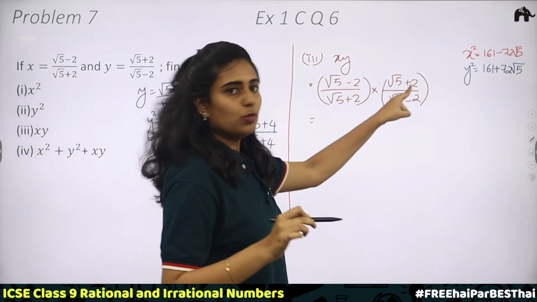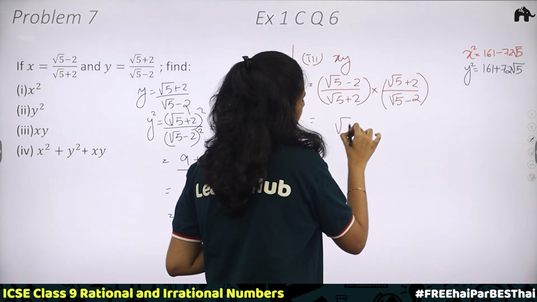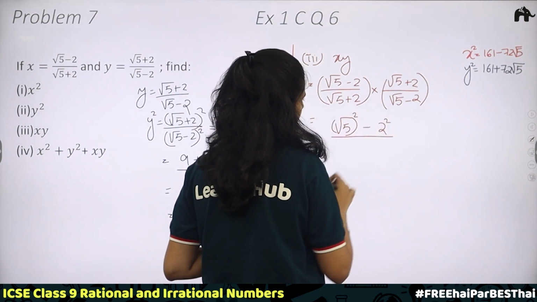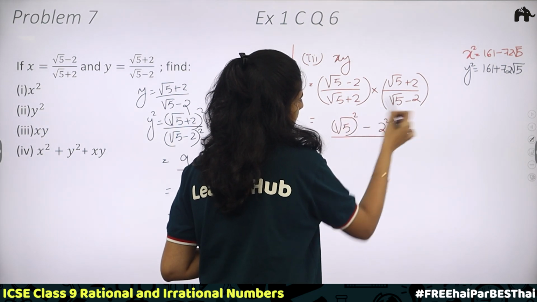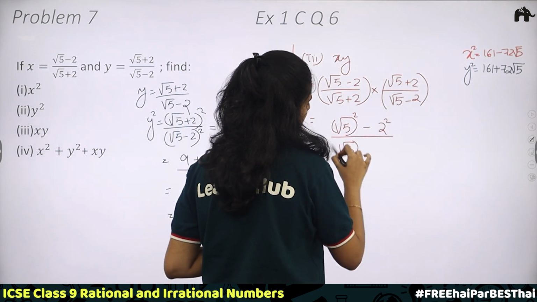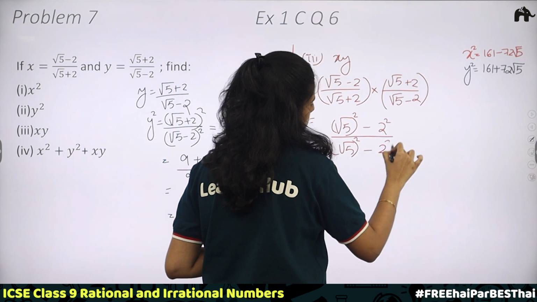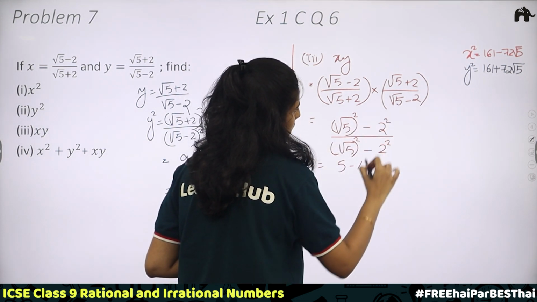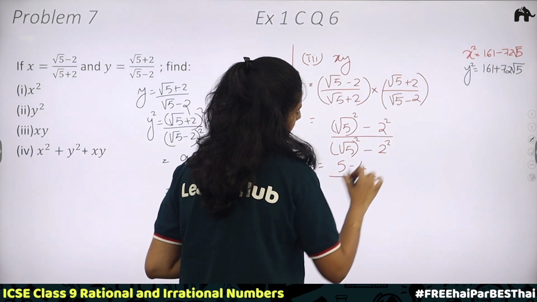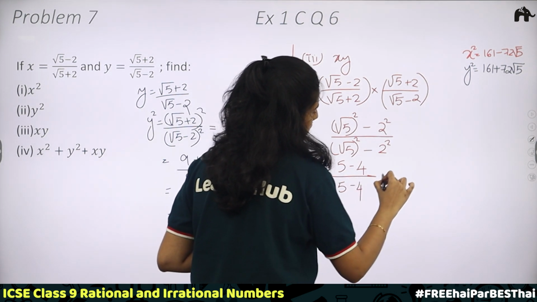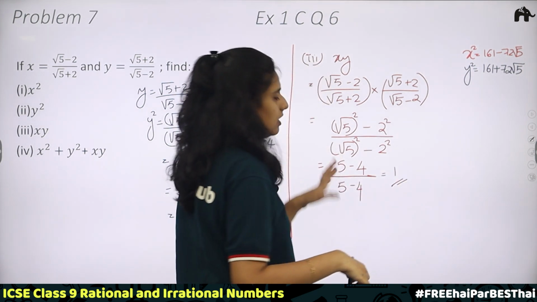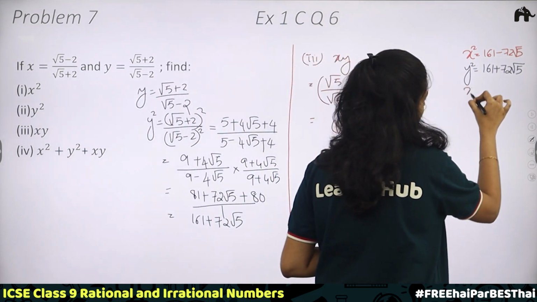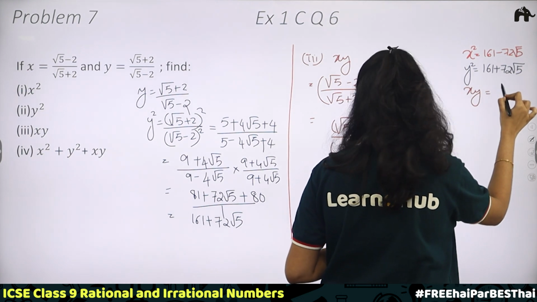Numerator, (a minus b) into (a plus b), therefore a square, root 5 square, minus b square, 2 square, divided by, here again (a plus b) into (a minus b), root 5 square minus 2 square, which is equal to 5 minus 4 divided by again 5 minus 4, which is equal to 1. 1 divided by 1, which is 1. Therefore, we are getting xy is equal to 1.